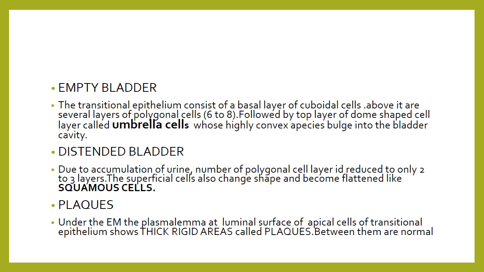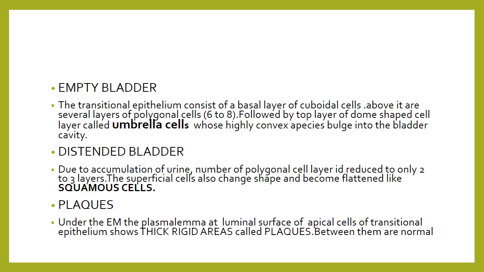Above it are several layers of polygonal cells, about 6 to 8 in thickness, followed by the top layer of dome-shaped cells which are called umbrella cells. Their convexity, that is the pointed apex, is bulging into the bladder cavity.